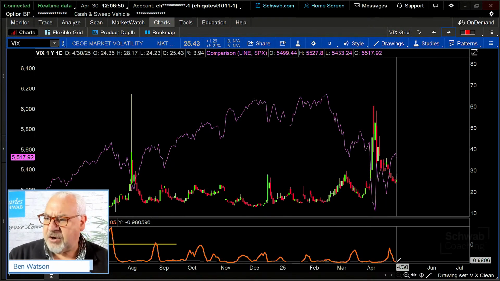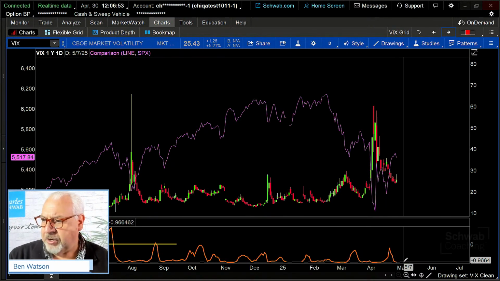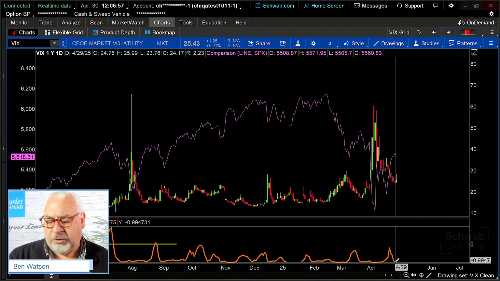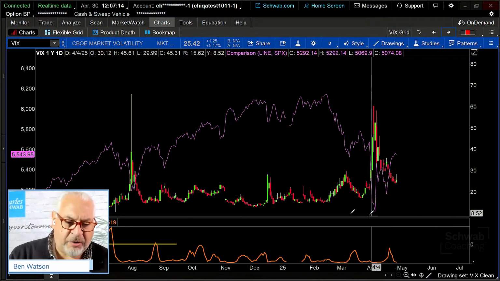And you can see that correlation study that I've got down here. That correlation suggests that more often than not, this is almost a pure inverse correlation between the S&P 500 and the VIX. When the market goes down, the VIX gets higher. When the market goes up, the VIX gets lower, and that's almost always the relationship.